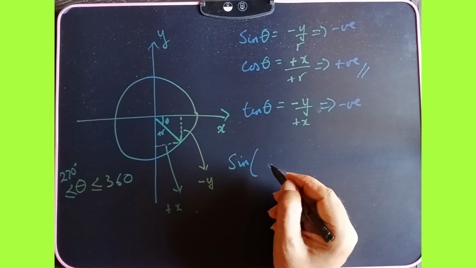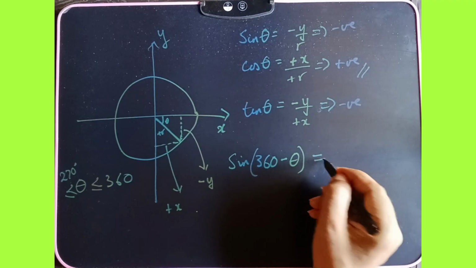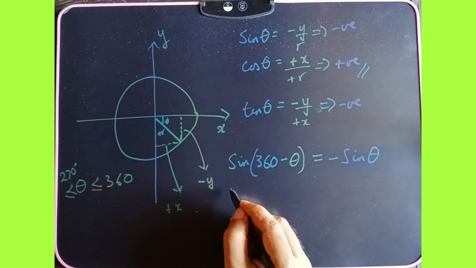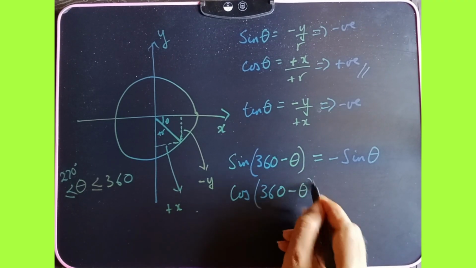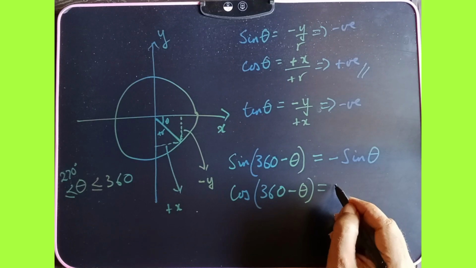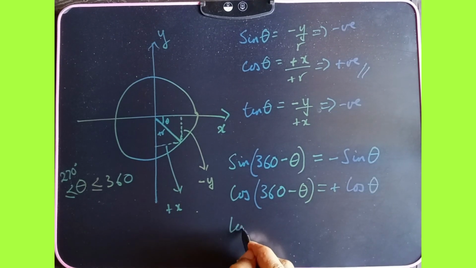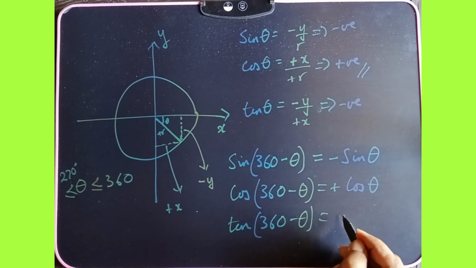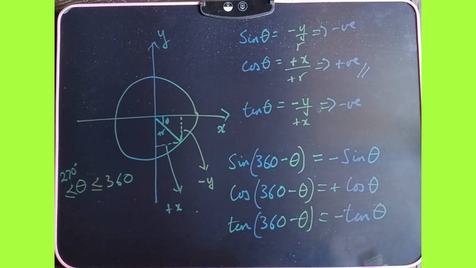So we can write finally that sine of 360 minus theta is nothing but minus sine of theta, cos of 360 minus theta is equal to positive cos theta, and tan of 360 minus theta is equal to minus tan theta.